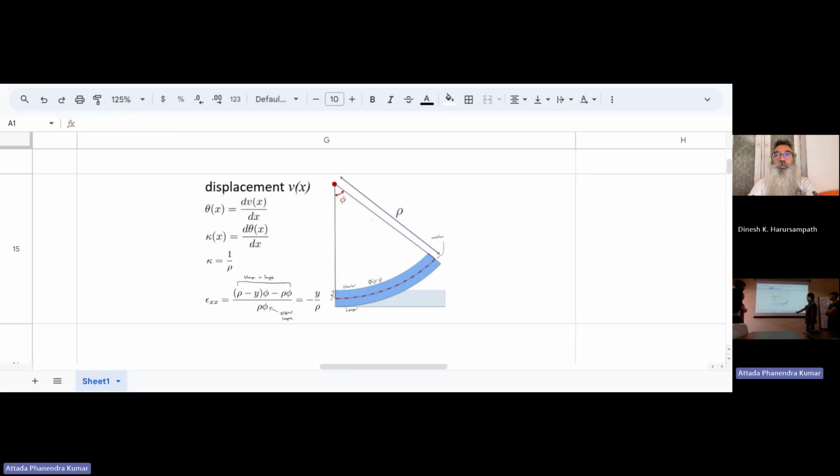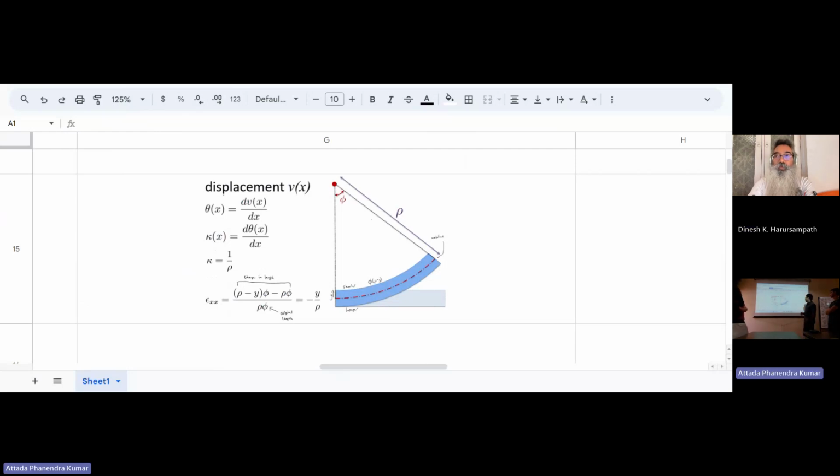Phi is the change in angle from where we bent it. And theta is our slope, the rise of the beam versus the original location.